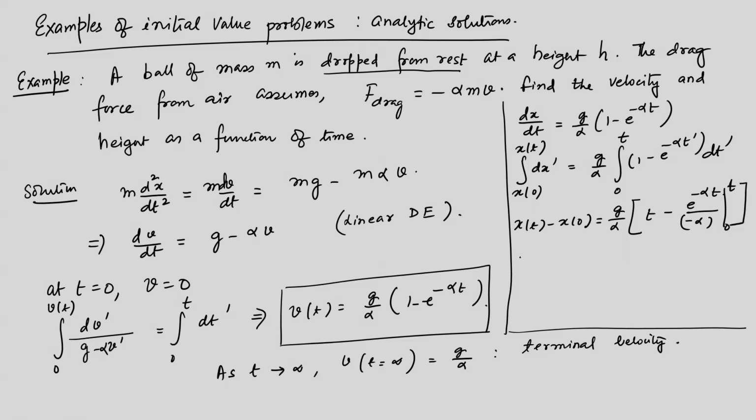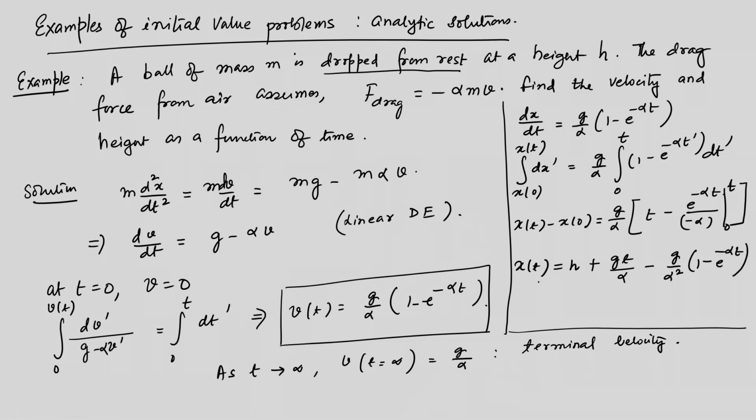And so, this becomes x of t. Now, x at 0 you can write as h if you want, because it is dropped from a height h. So, write it as h minus g t over alpha plus g over alpha squared times 1 minus exponential minus alpha t.